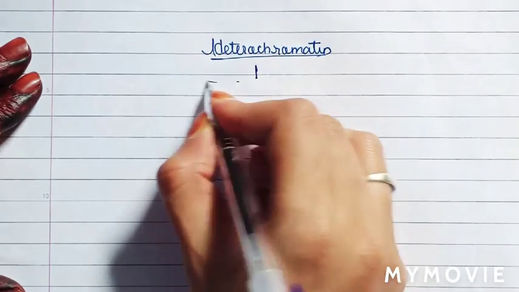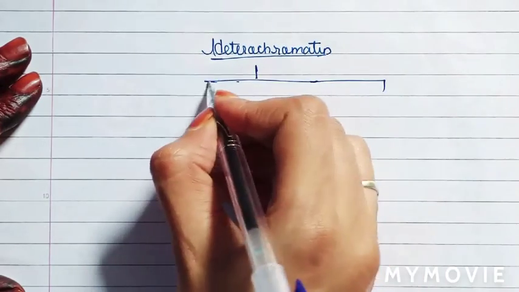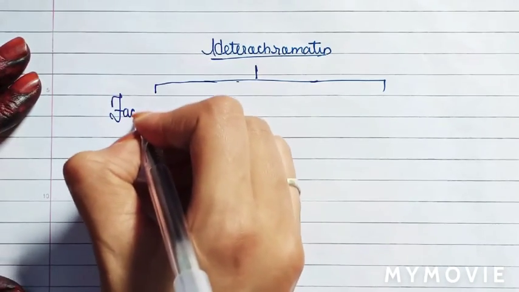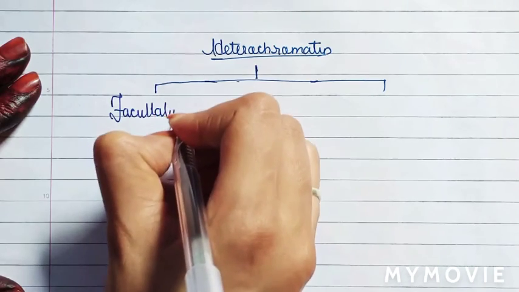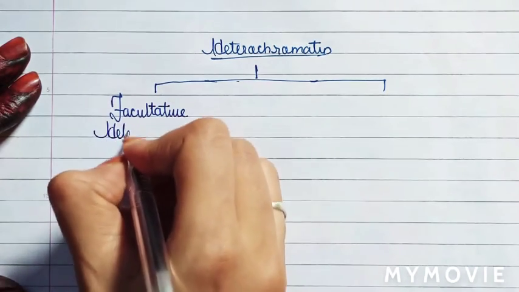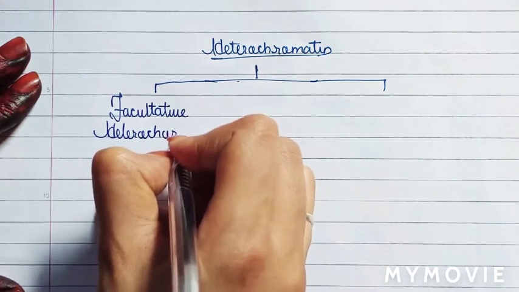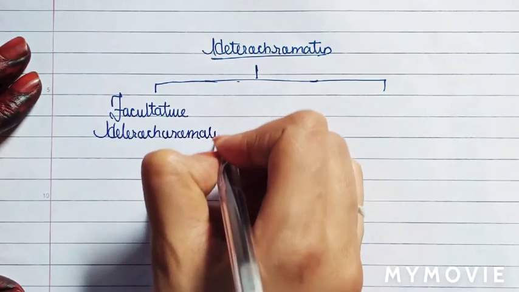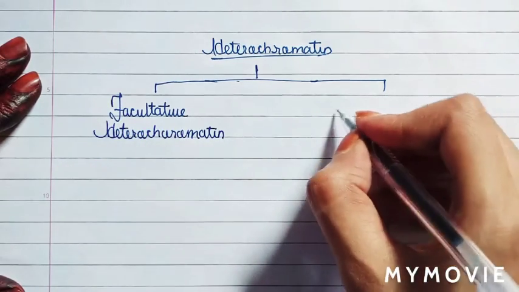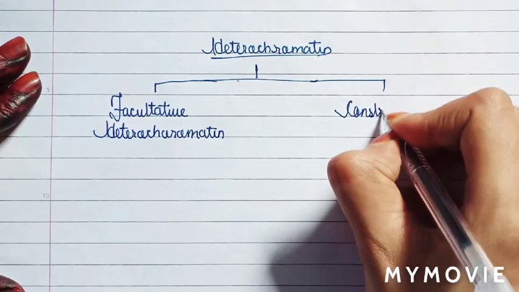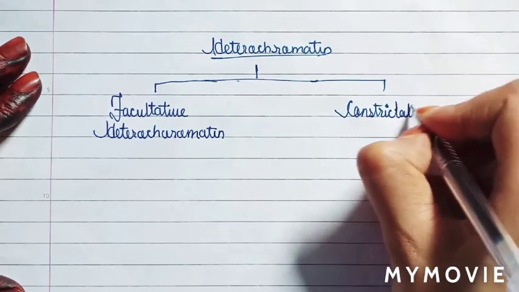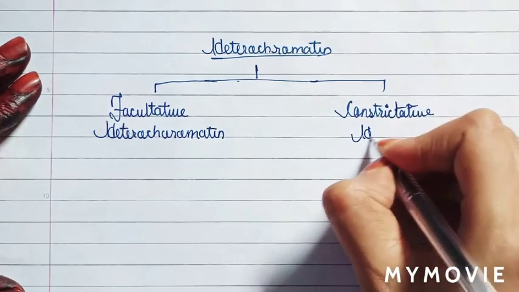The first one is facultative heterochromatin. Another one is constitutive heterochromatin.